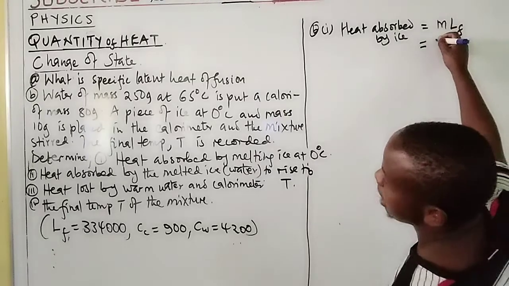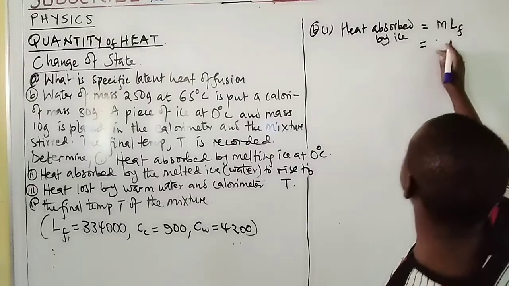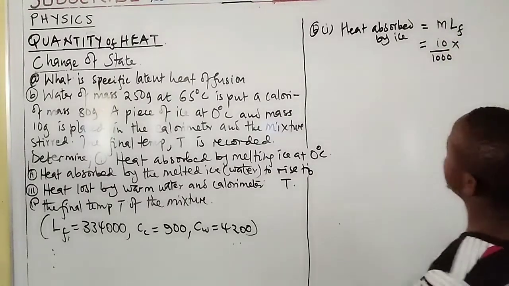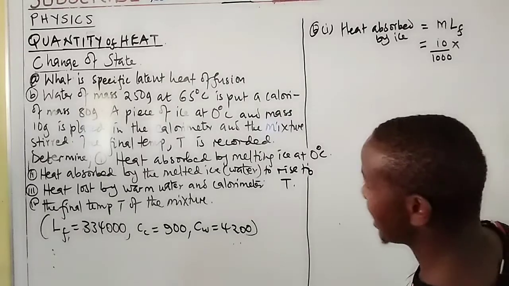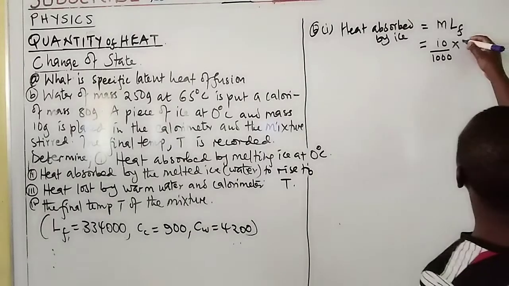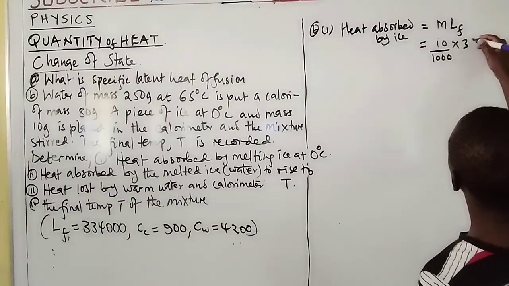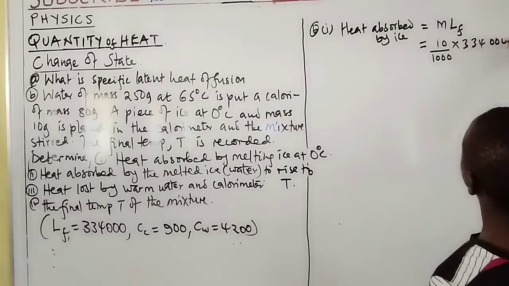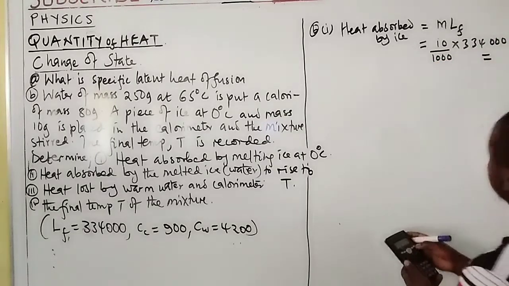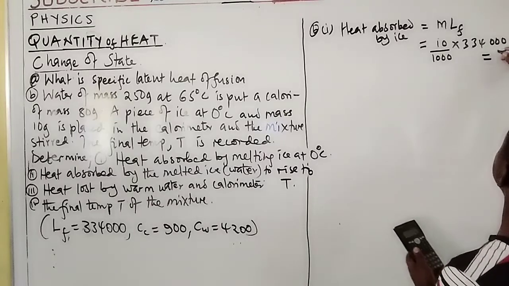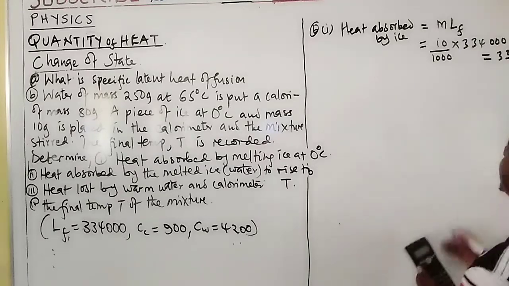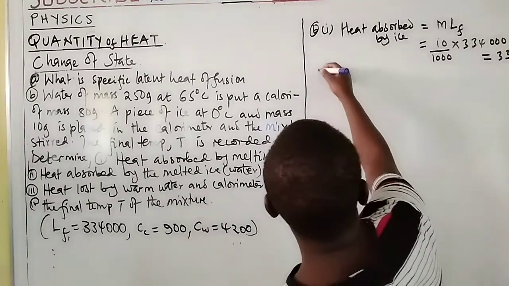The ice has a mass of 10 grams, so 10 over 1000, multiplied by the latent heat of fusion of ice, which is 334,000. The 3 zeros cancel and we have 3340 joules. So that is the energy required for that step.